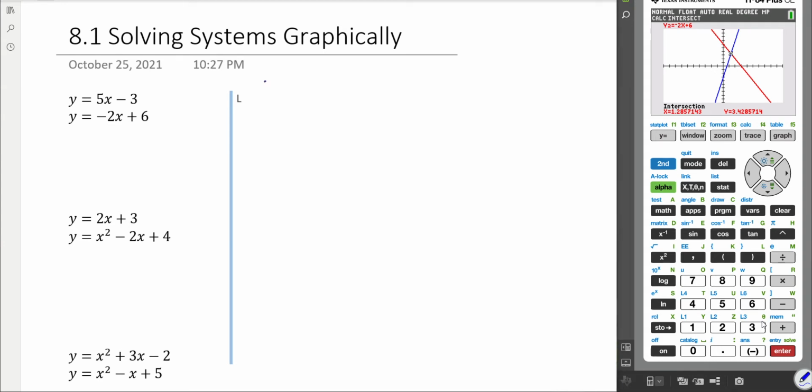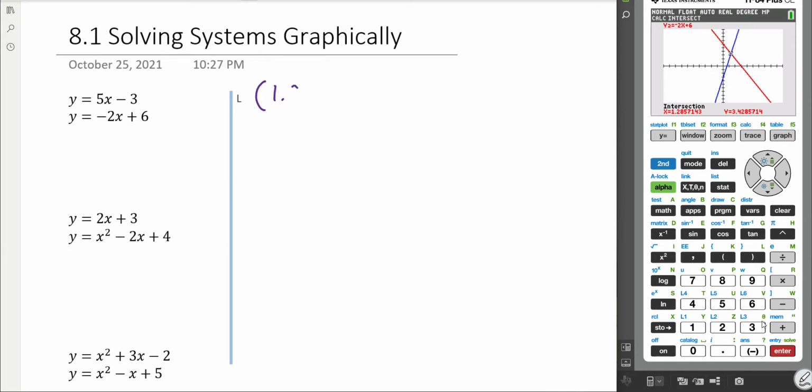Notice that they are not nice points. If you want nice points, then generally speaking, those are going to be the algebraic systems, or ones that you can answer algebraically. I just made these questions very quickly, so they're not going to be very nice points. They're just decimal answers.